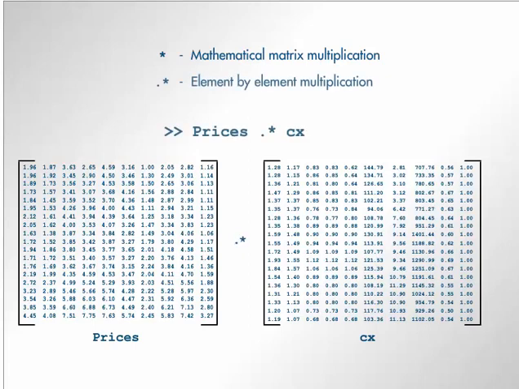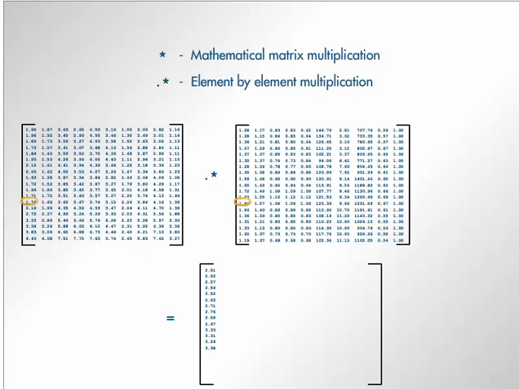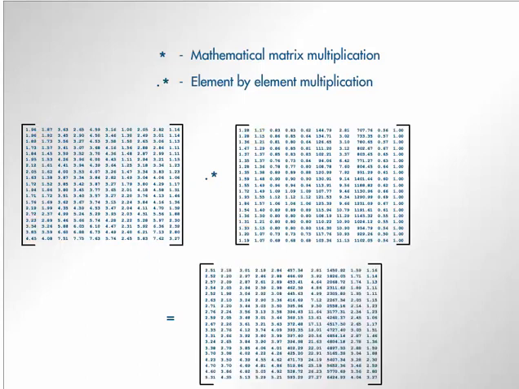Instead, you should use element-wise multiplication. To do this, you must use the dot star operator. The dot star operator causes each element of the first matrix to be multiplied by the corresponding element of the second matrix. This results in the correct currency conversion.